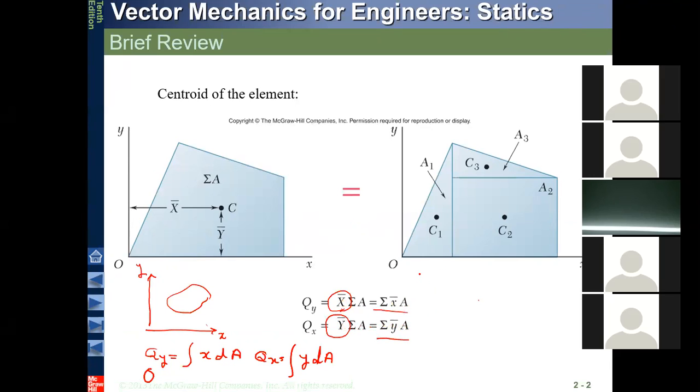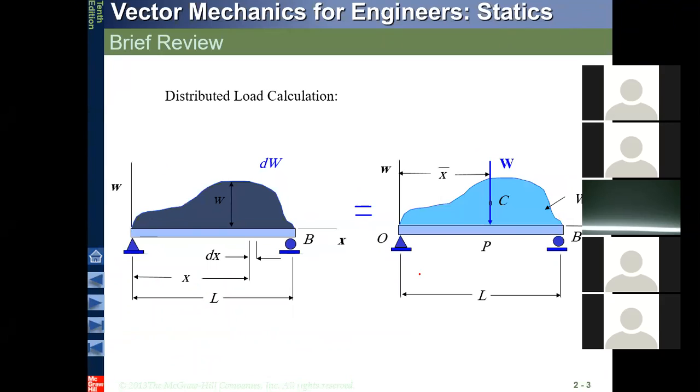So for example, if you have a simple beam with two supports, and you have an arbitrary shaped load on it, then by definition you can write here, for example, if this is the y component, then you can write Qy as x dA.